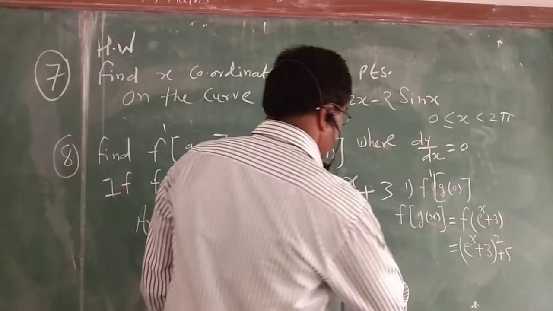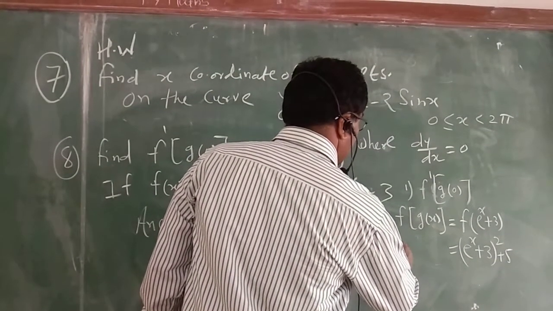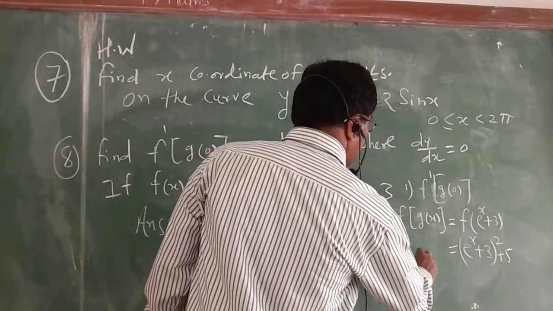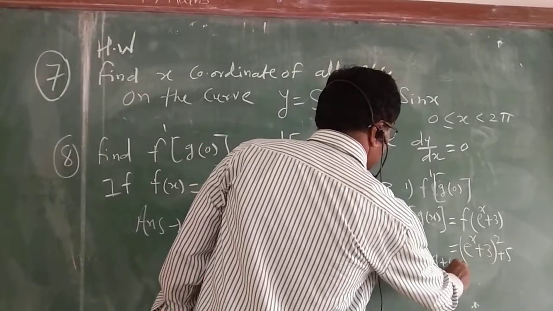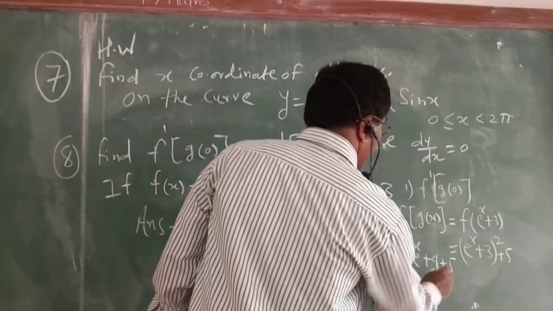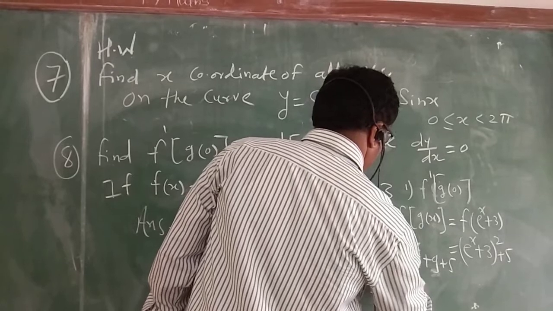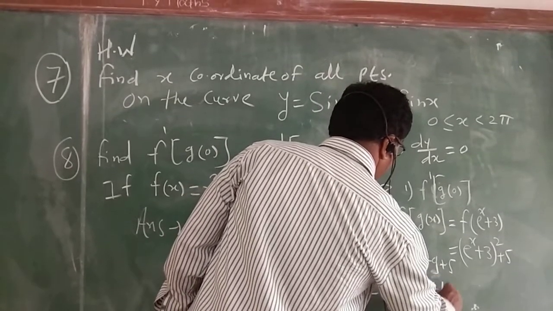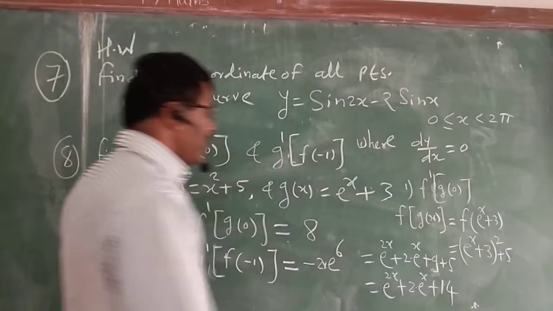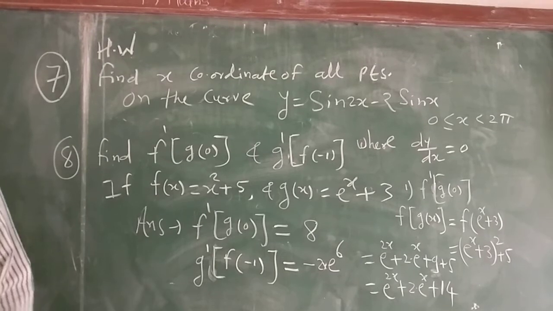That is equal to e raised to 2x plus 2 into e raised to x plus 9 plus 5, that is equal to e raised to 2x plus 2 e raised to x plus 14.